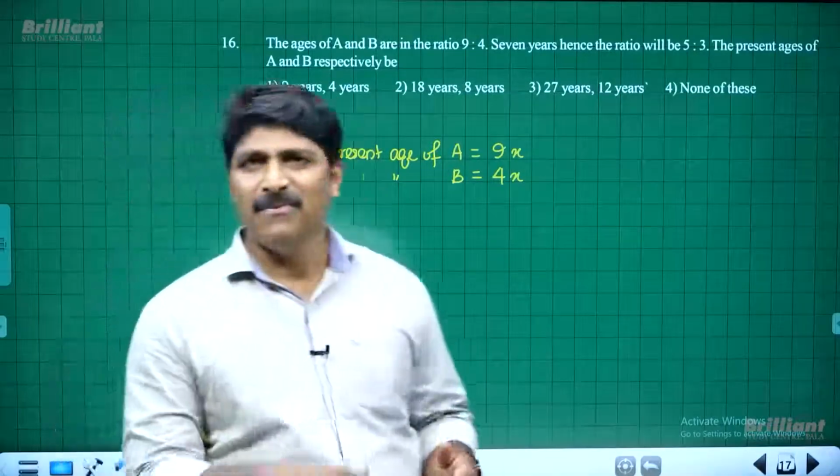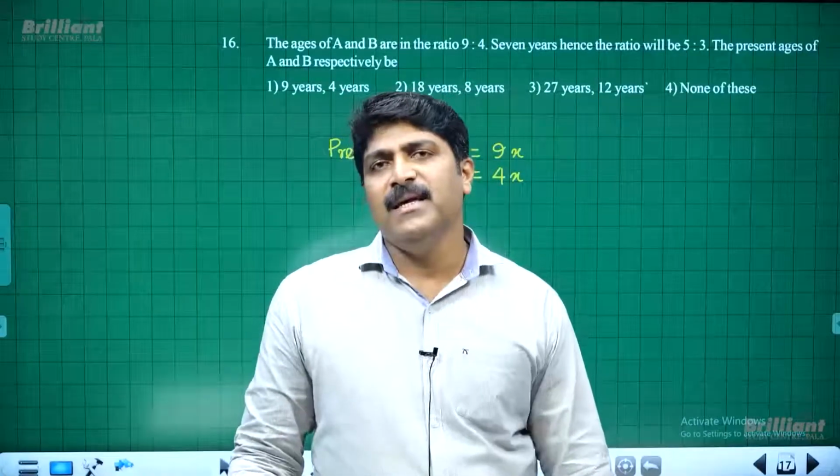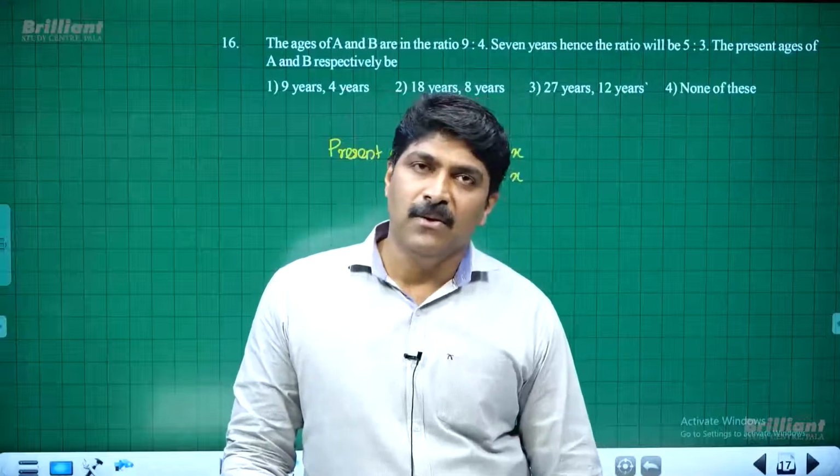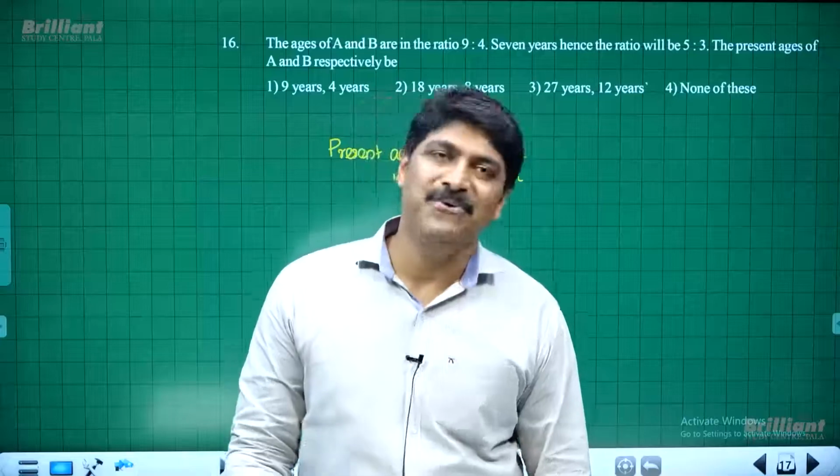First of all, instead of starting the operations in any way, simply observe the options. If you're lucky, there is only one option that has multiples of 9 and 4.